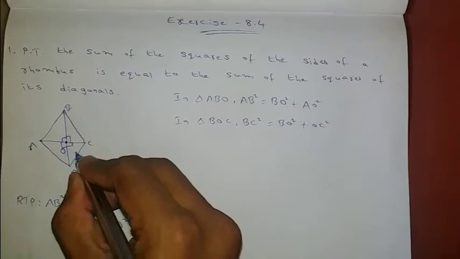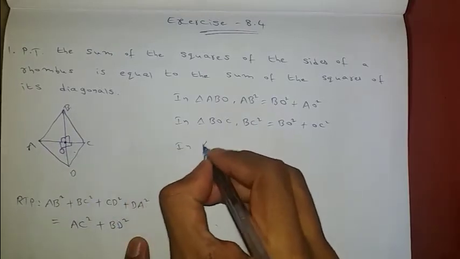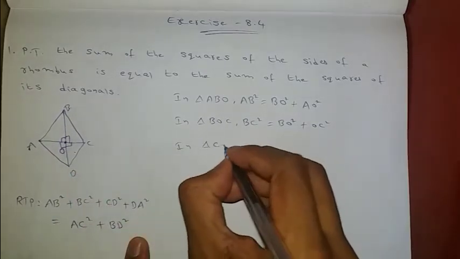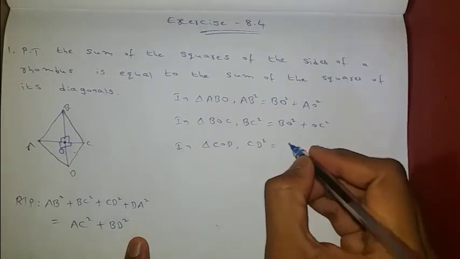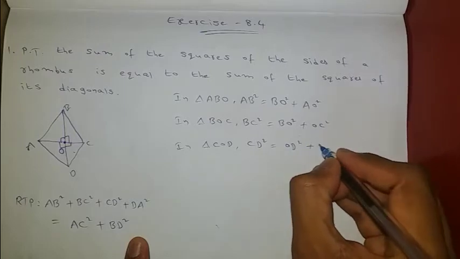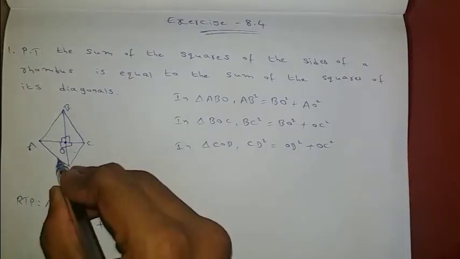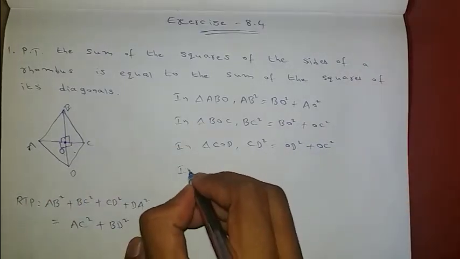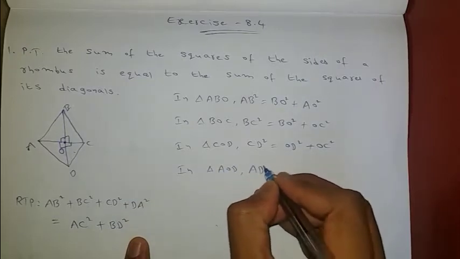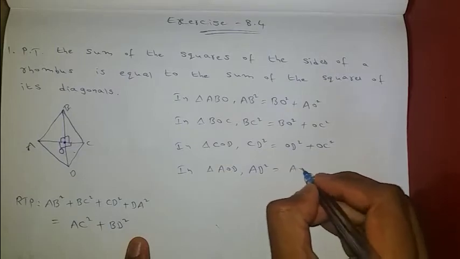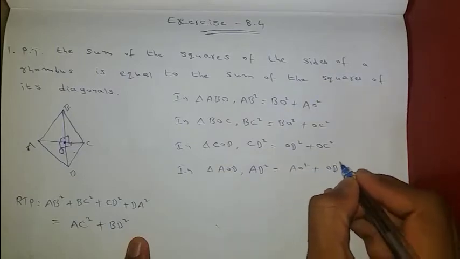Next, right bottom triangle, in triangle COD, CD square is equal to OD square plus OC square. Next, left bottom triangle, in triangle AOD, AD square is equal to AO square plus OD square.